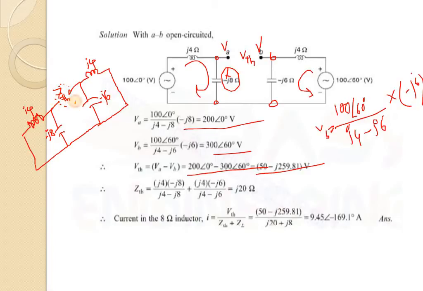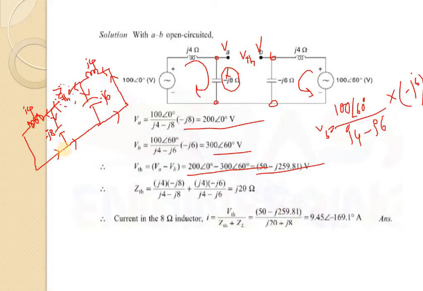So when we imagine there is a source, current will flow through this path. Let us consider the current is going this way. These two branches are divided. Then it comes from here, passes through here, passes through here. Again it comes here, divided in this branch and this branch. That means these two branches are parallel and these two branches are also parallel, and these parallel combinations are in series.